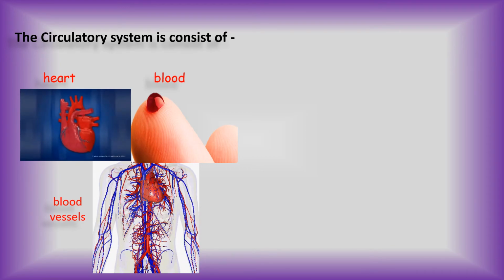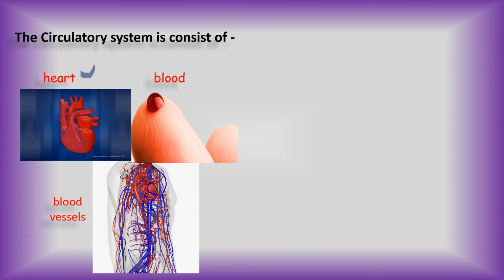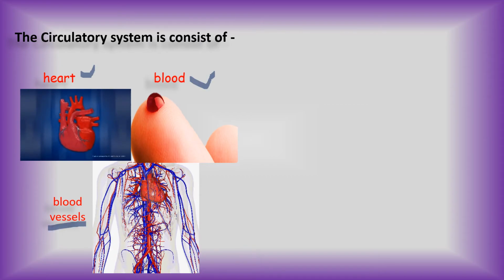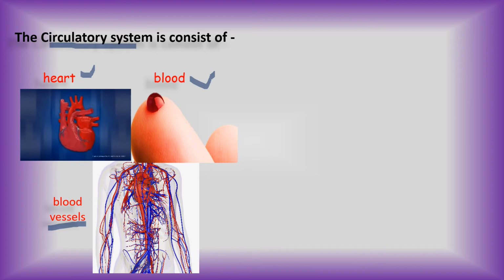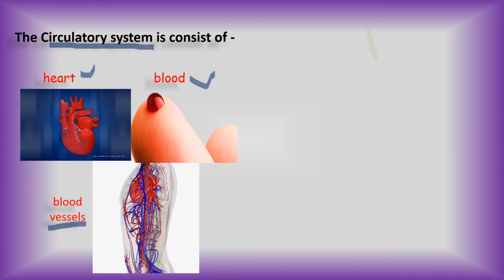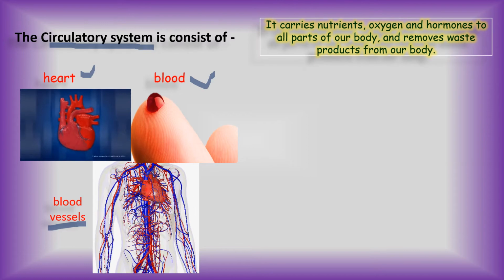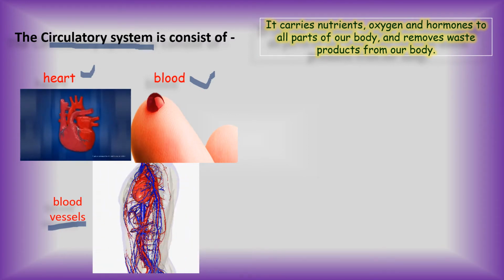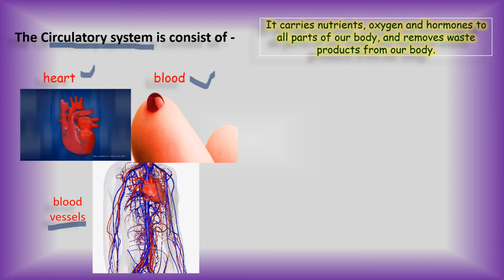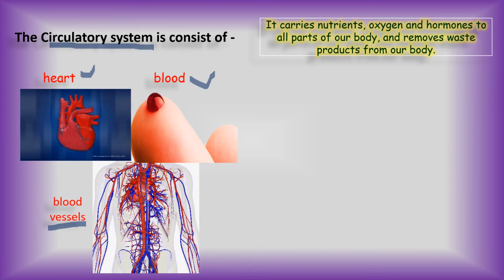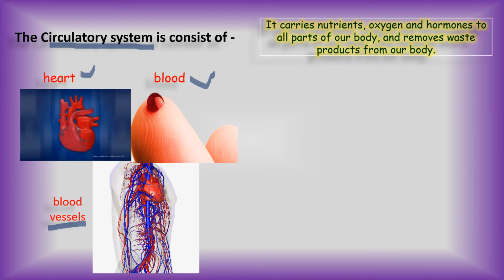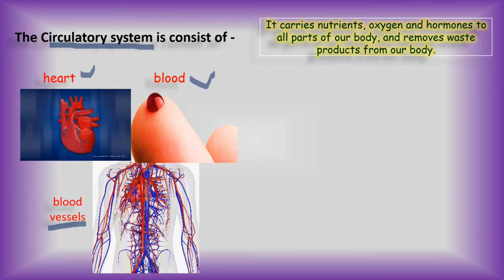Together they make the circulatory system. And this system carries nutrients, oxygen and hormones to all parts of our body. And it removes waste products from our body, waste products like carbon dioxide.